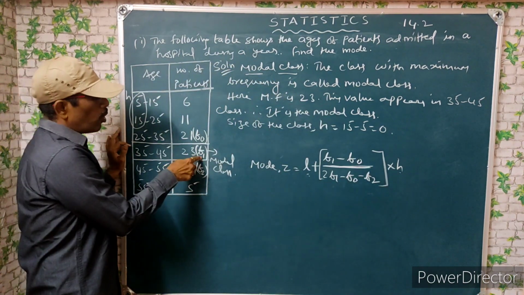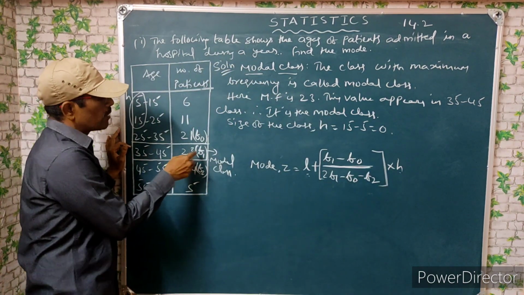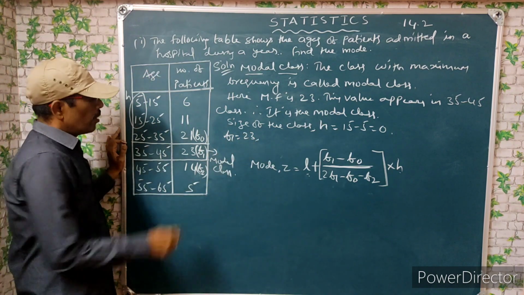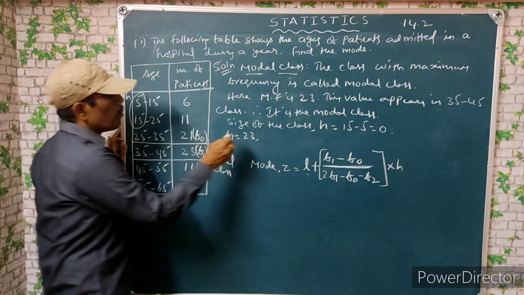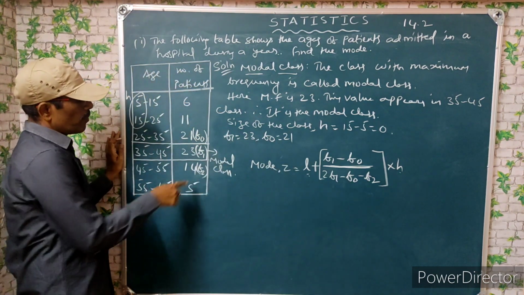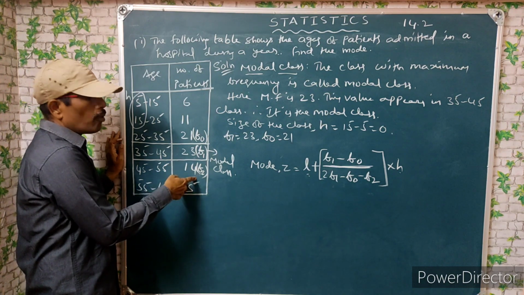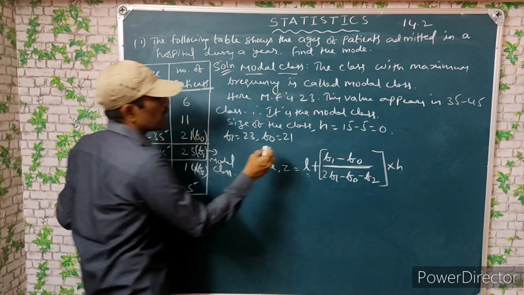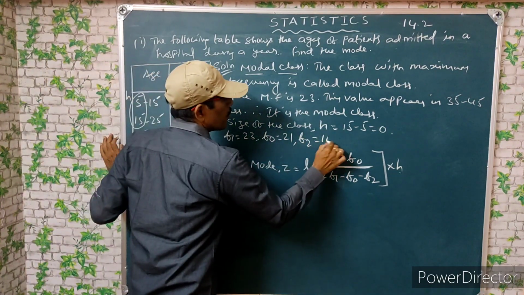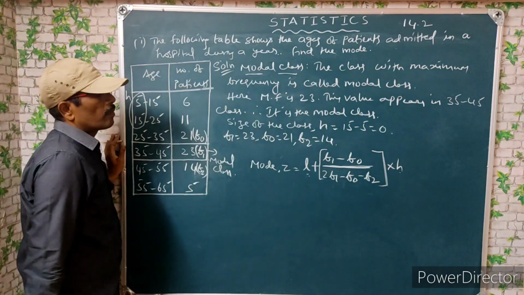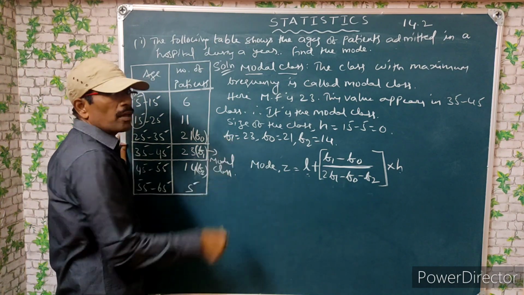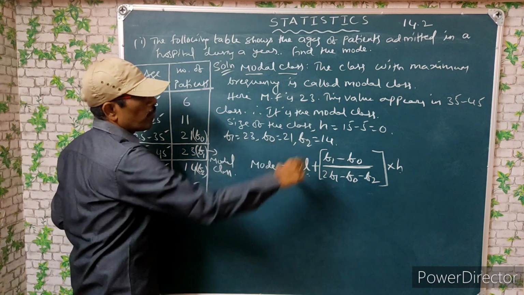Frequency of the modal class F1 is equal to 23. Frequency above the modal class F0 is equal to 21. Frequency below the modal class or succeeding the modal class F2 is equal to 14. In the examination you write F1 as frequency of the modal class. Because of space problem I am not writing here.